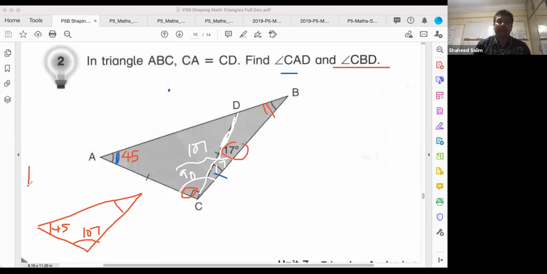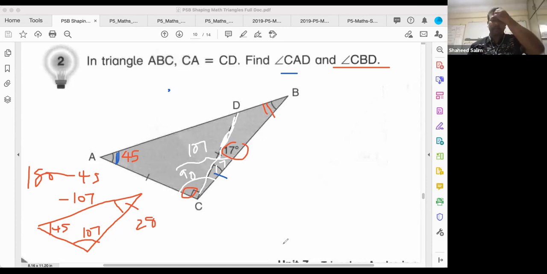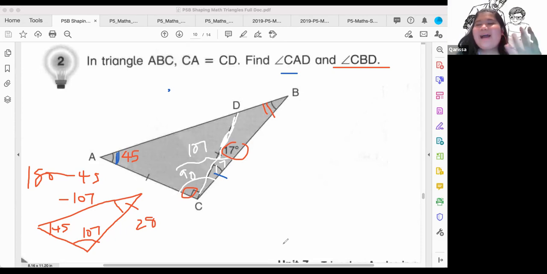Very simple. 180 minus 45 minus 107. And you will get, according to Miss Carissa, 28, and she is correct. You said 28, right? 28 is correct.